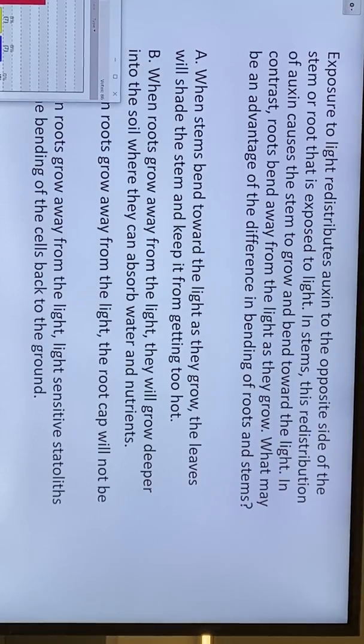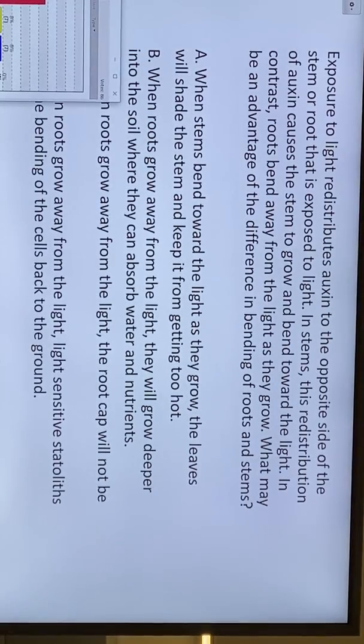That answer doesn't make a ton of sense to me. So if you picked that one and you can make that make sense, I encourage you maybe after class to tell me how. Because we're thinking about an advantage, right? So A doesn't really apply in a whole lot of situations in terms of keeping it from getting too hot.